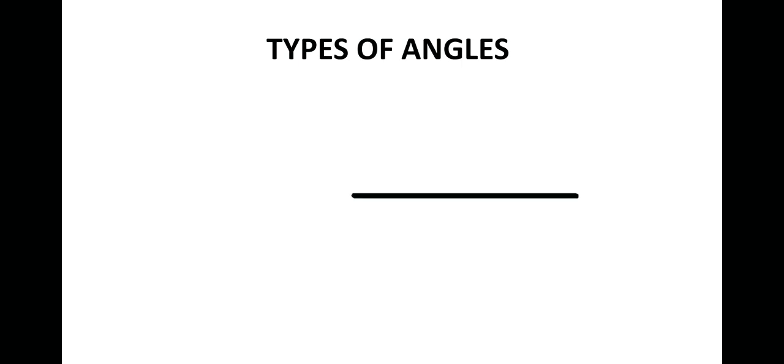Next one, if the line and the other line meet at the same point aligned this way, both the lines are aligned over here, then the angle formed will be this whole angle.